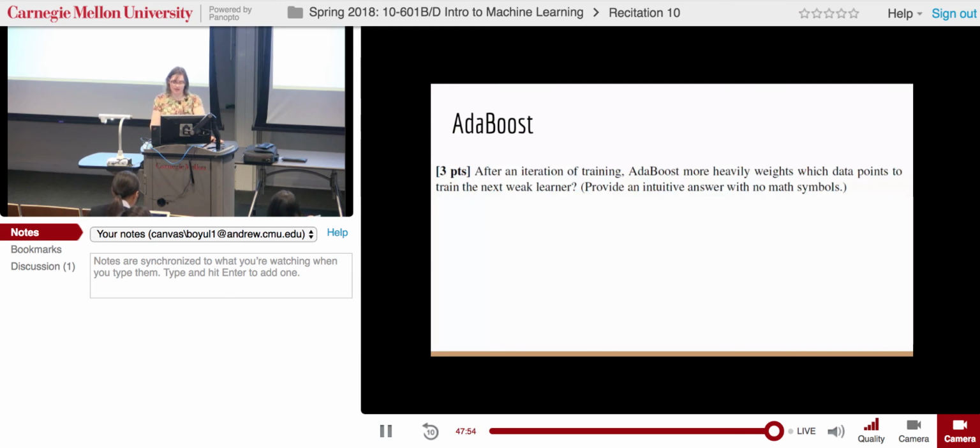So with that sort of hand-wavy definition of margin, this has a very small margin because a lot of these points are misclassified.